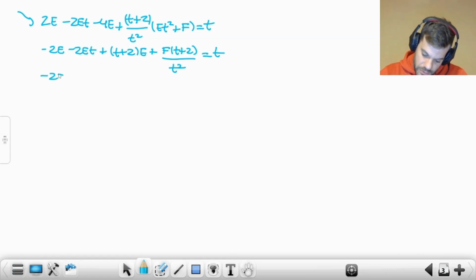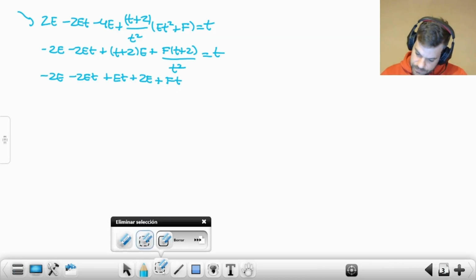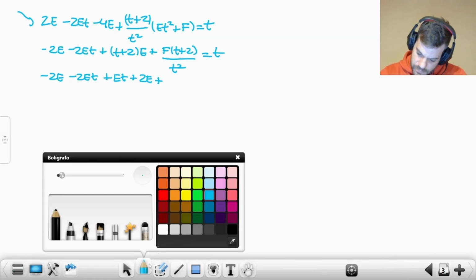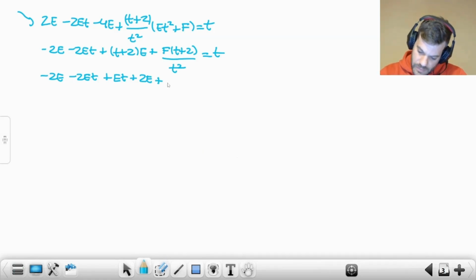So minus 2e minus 2et plus et plus 2e plus f over t plus 2f over t squared must be equal to t.